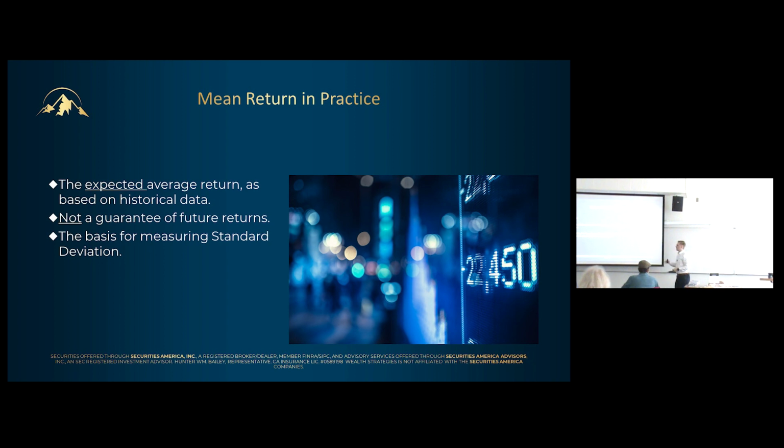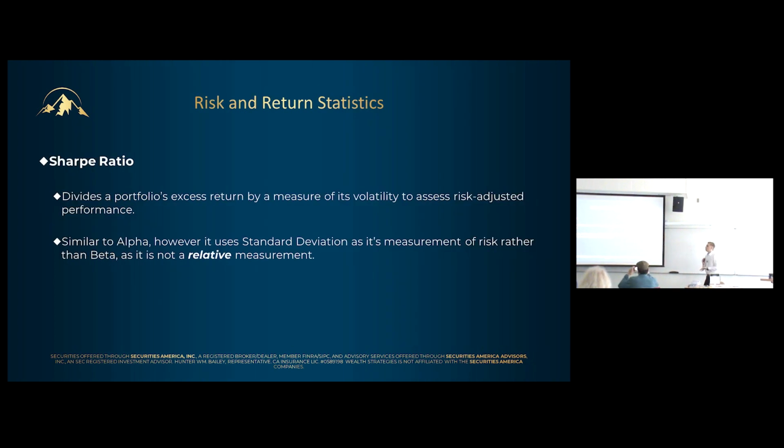And so, lastly, out of these, one thing to talk about is Sharpe ratio. Sharpe ratio is interesting. It's almost like alpha. It's really close to alpha, but it's not quite alpha. So where alpha uses beta to measure how much you should return in comparison to something else, what Sharpe ratio is doing is measuring how much more you're returning based on the standard deviation of what you're in.